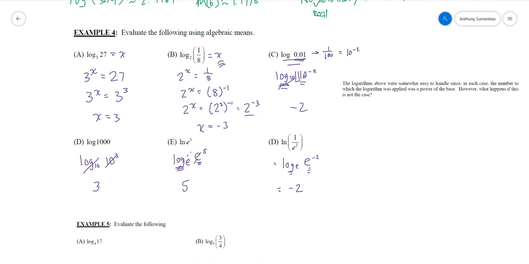You can either do them this way with the equation and figure it out, or use the new shortcut: if I have a log and an exponential of the same base right next to each other, with nothing between them, I can just cancel them and be left with the exponent.